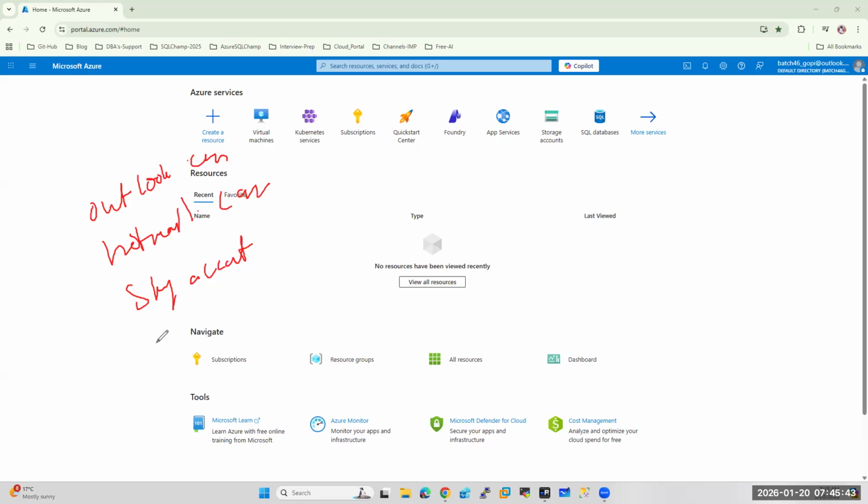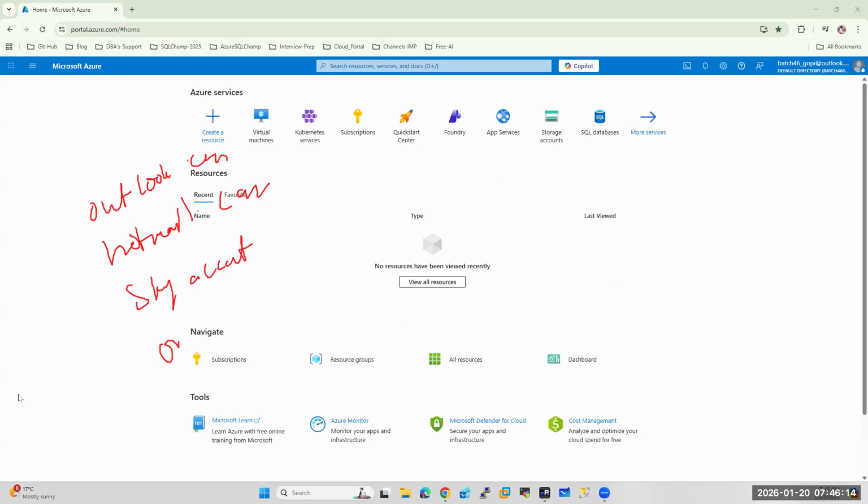Whenever you get a chance to work in any organization, they will provide you an email address, for example subbu@infosys.com or subbu@tcs.com. So your official email is also acceptable. Either outlook.com, hotmail.com, a Skype account, or your official email will allow you to connect to the portal.